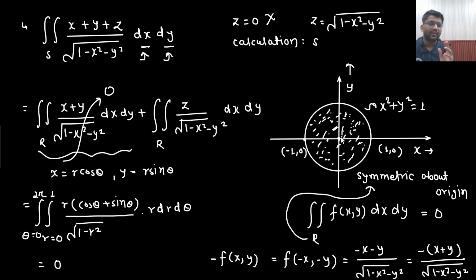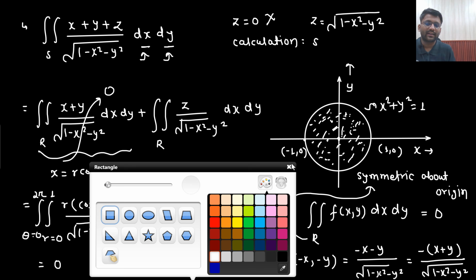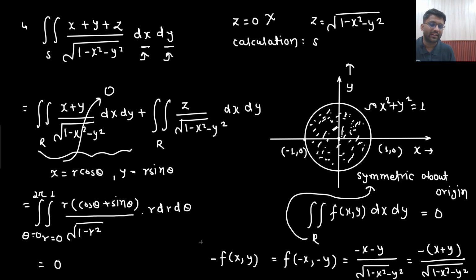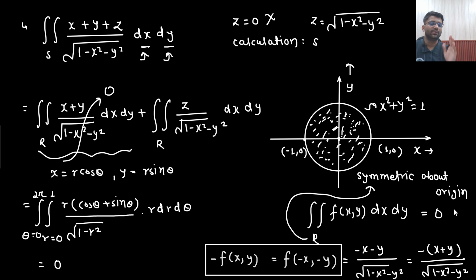Yes. Then in f of x y, if you put minus x in place of x and minus y in place of y, then you realize that f of minus x, minus y is coming out to be minus of f of x, y. Then the double integral of f x comma y dx dy would come out to be 0.